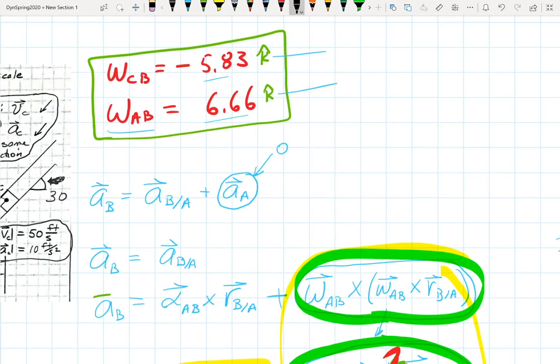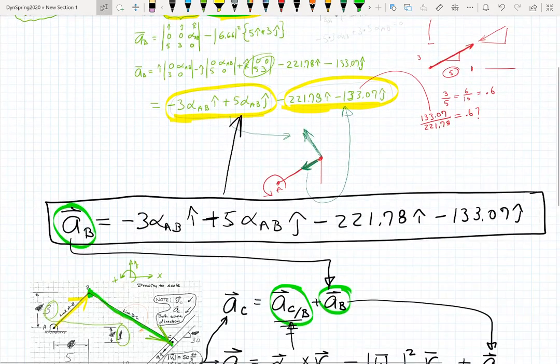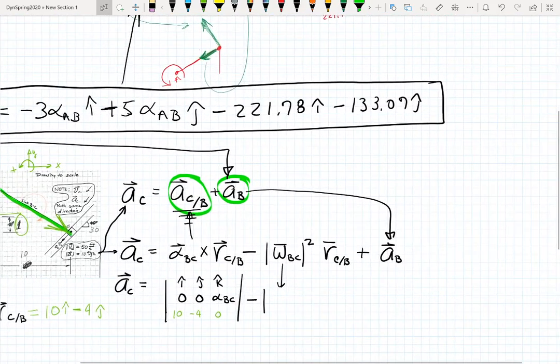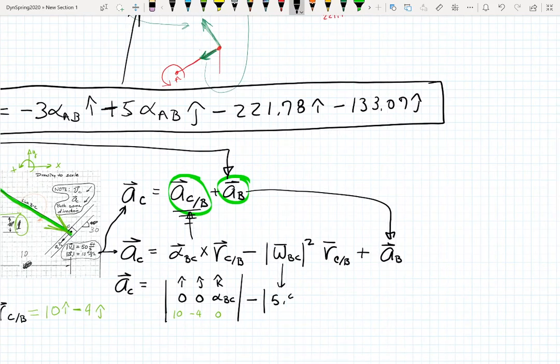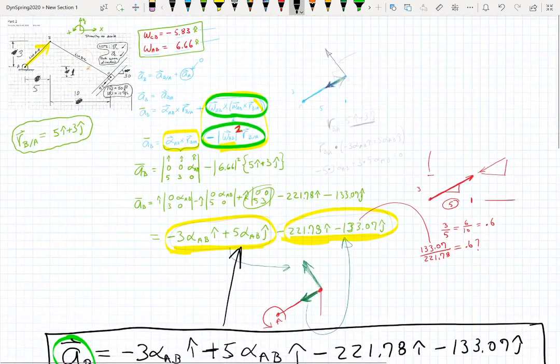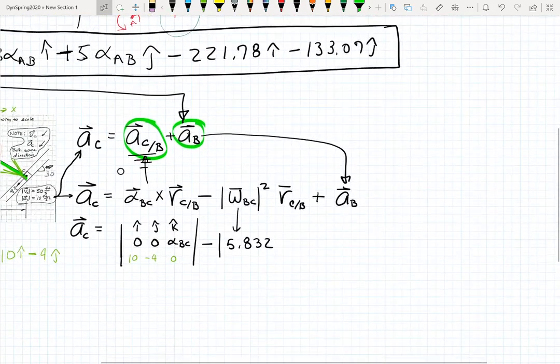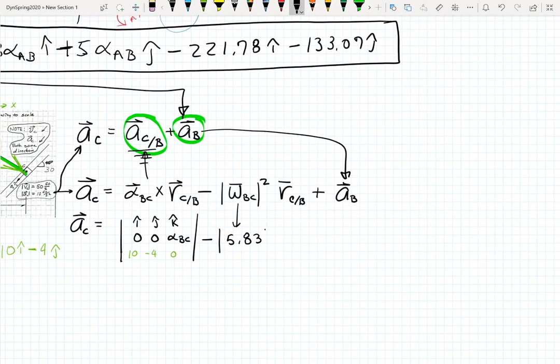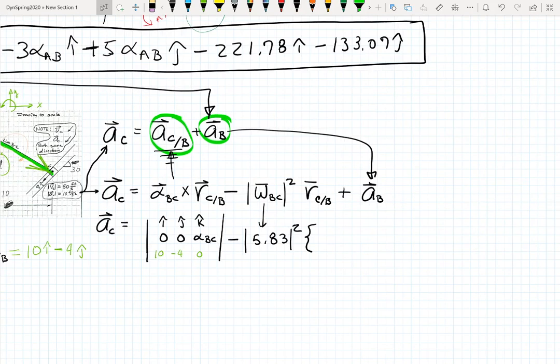Doesn't matter whether it's a minus sign or not, because I'm squaring it. 5.832, is that right? No, just 8.3. I don't know where I got the 2 from. We square that term, and then we put in our vector, which is 10i minus 4j, and I'm just carrying down this term. Deal with it later.